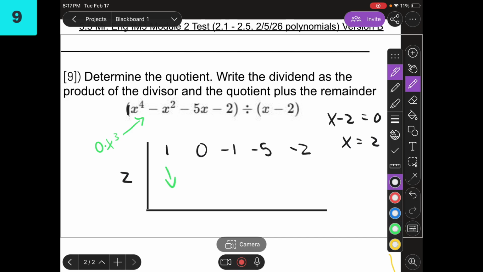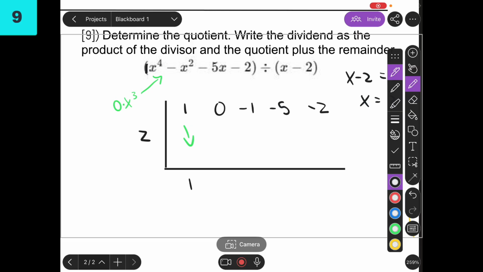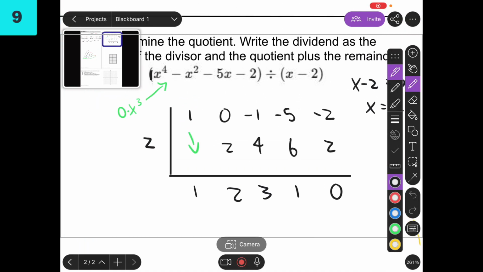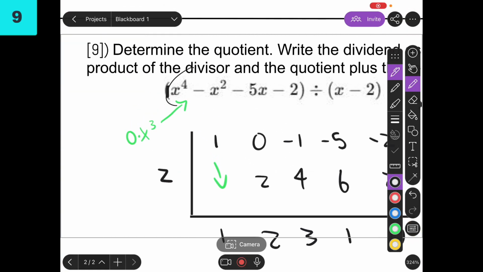Drop down my first number, 1, multiply across, gives me 2, add, gives me 2, multiply across, gives me 4, I add, gives me 3, multiply gives me 6, add gives me 1, multiply gives me 2, and then lastly, when I add these, it gives me a remainder 0. So my final answer has to be in degree 1 less than the dividend.